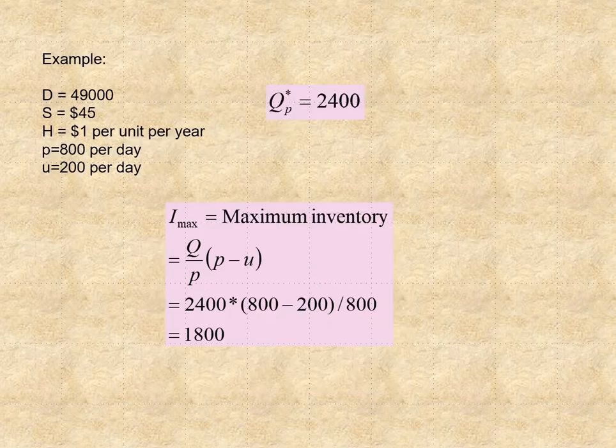We can also calculate the Imax, the maximum inventory on hand. The equation is Q divided by P times P minus U. In this case, Q equals 2,400, P is 800, U is 200, and we divide by P, which is 800. Then you get the maximum inventory is 1,800.